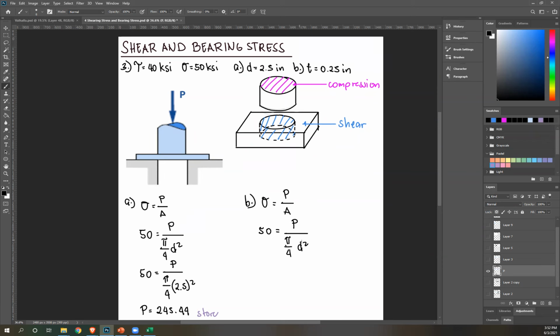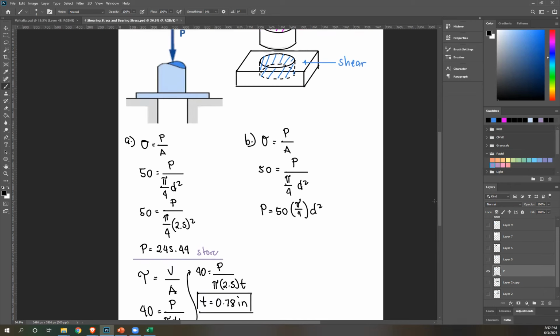The problem is there's no more value for P. So instead, our equation will look like this. P is now equal to 50 times pi over 4 d squared. Since again, we're not given d, we can't solve for P. Instead, we have an equation for P. Okay? And then moving on, you can now use your shear, which is tau.